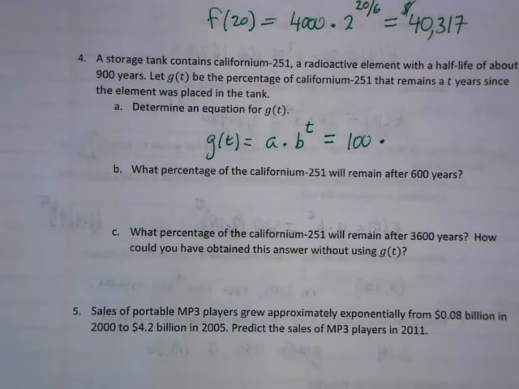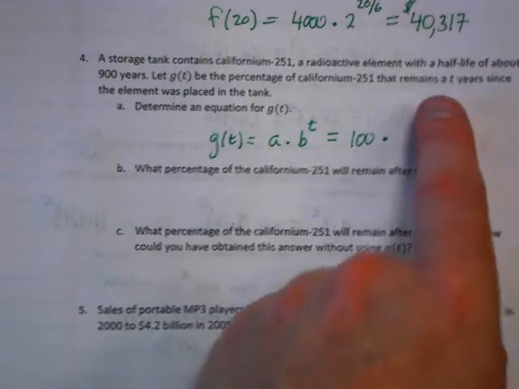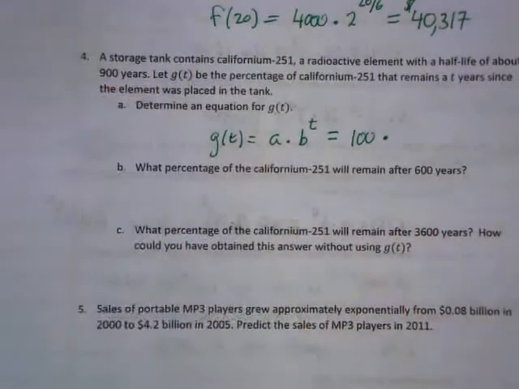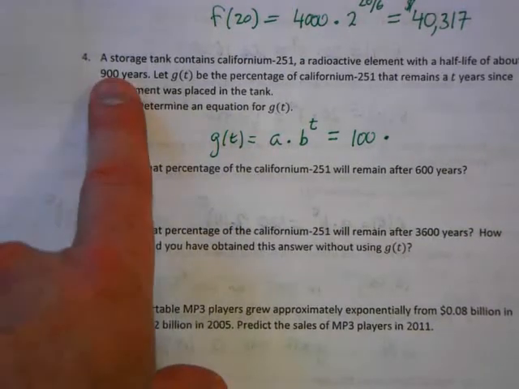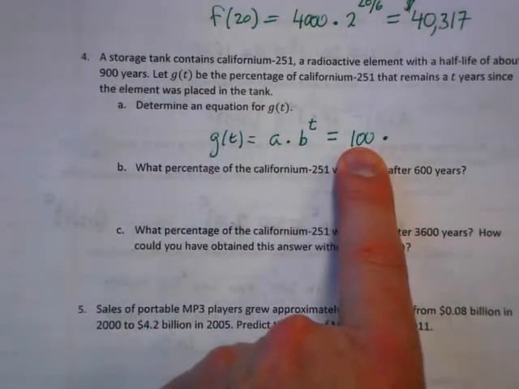All right, what's B? Big clue here is it says with a half-life of about 900 years. What does a half-life mean? The time that it takes 50% of it to decay. So it's going to take 900 years for half of this to go away. So what's my B number?